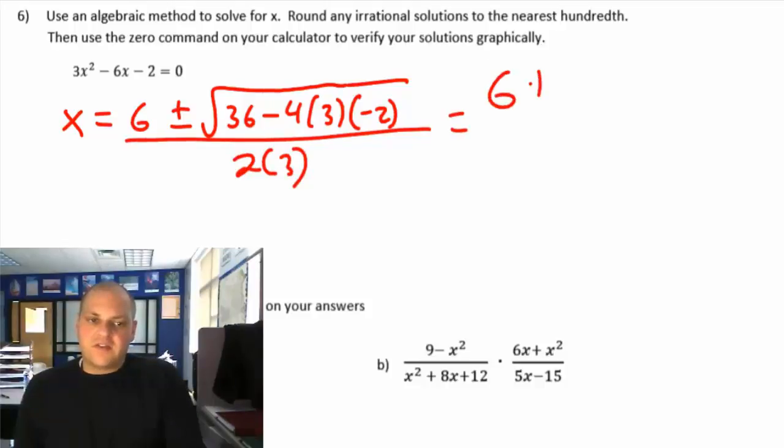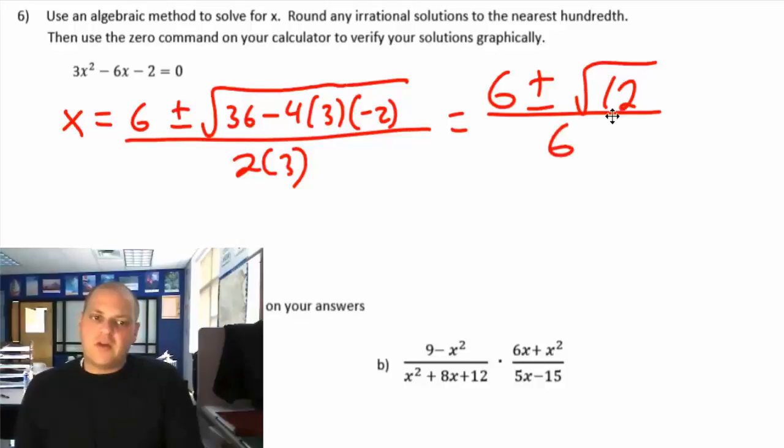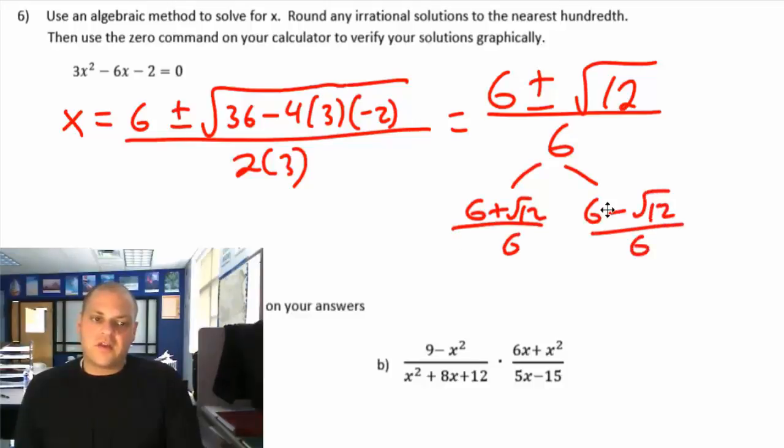So that's going to be 6 plus or minus radical 12 over 6. Don't reduce those, because it would have to divide over here as well. You want to break this up. 6 plus radical 12 over 6, 6 minus radical 12 over 6.